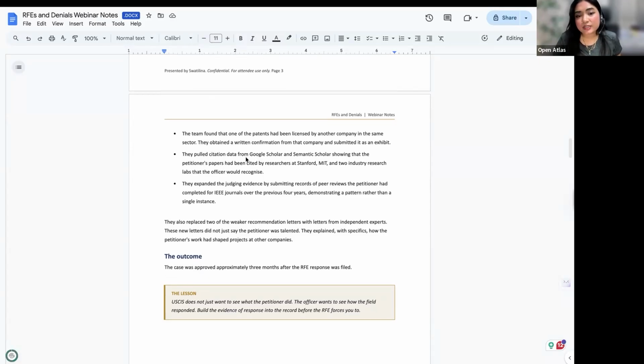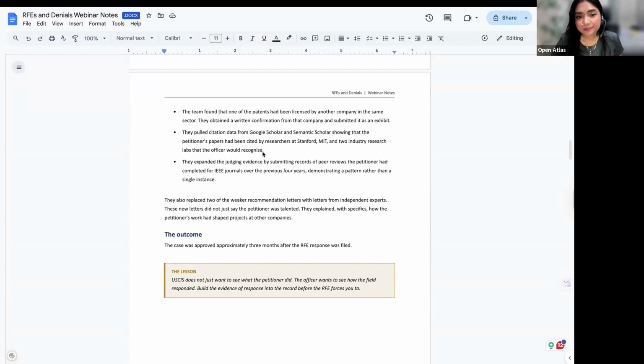Then they pulled citation data from Google Scholar and Semantic Scholar showing that the petitioner's papers had been cited by researchers at Stanford, MIT, and two industry research labs the officer would recognize. This patent was a long-running patent, from around 2017 to 2019 or before.